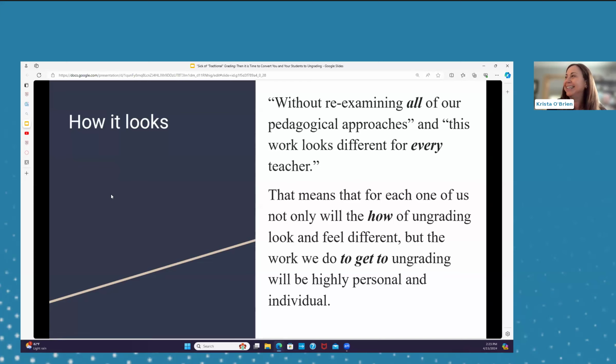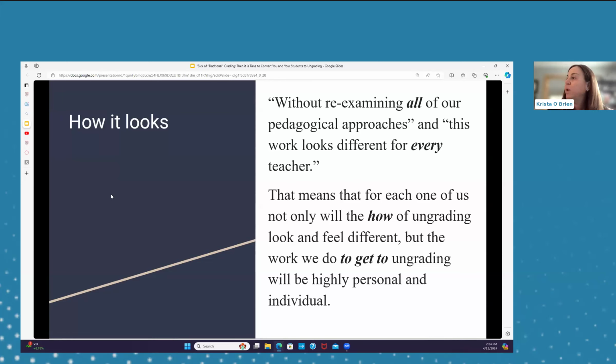So how does it look? Without re-examining all of our pedagogical approaches, and this work looks different for every teacher. Even the teachers that have switched at my school to mastery-based grading or ungrading, everybody's looks very different. So you have to do what you feel most comfortable with, what works for your students, what works for your school too.